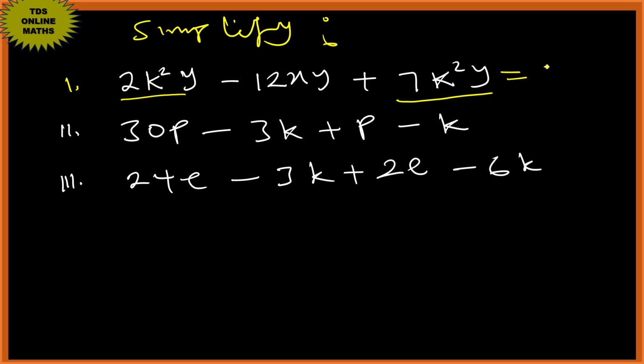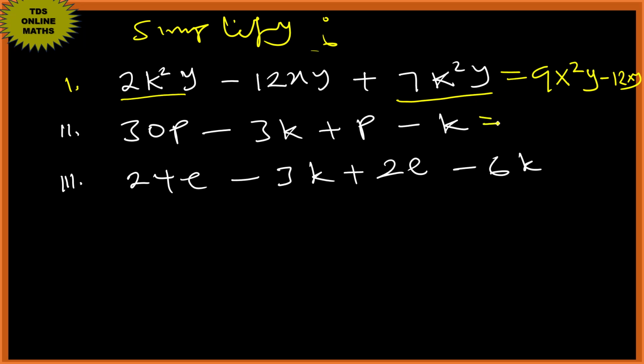So 7 plus 2 is 9. Then I add the variables. So we have only this one, so minus 12xy. That's the answer.